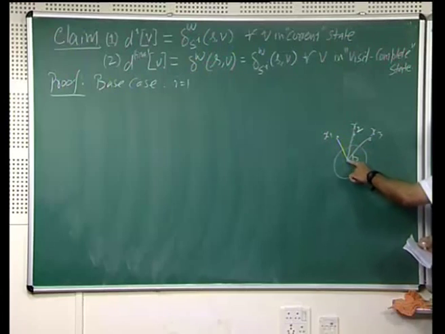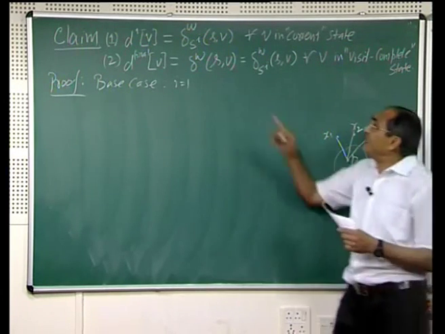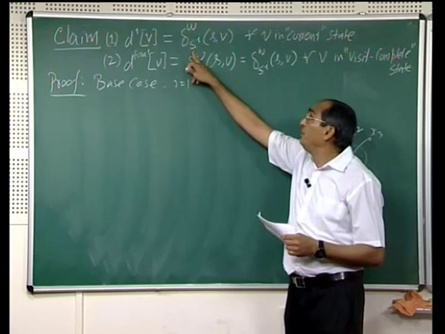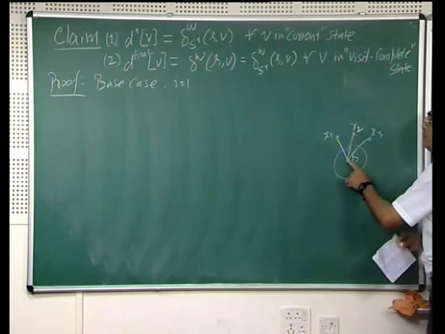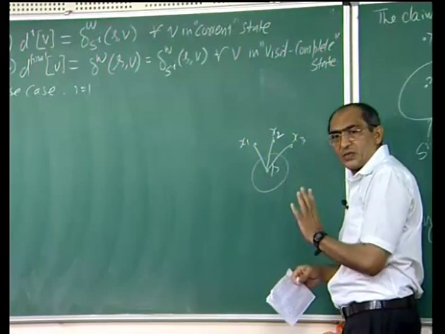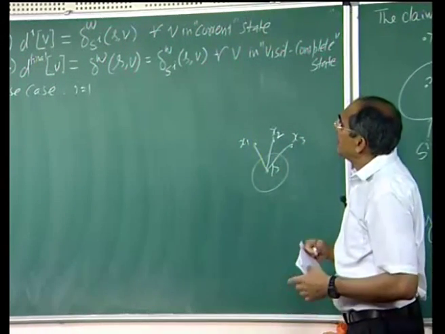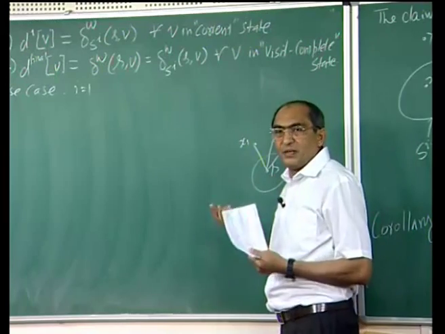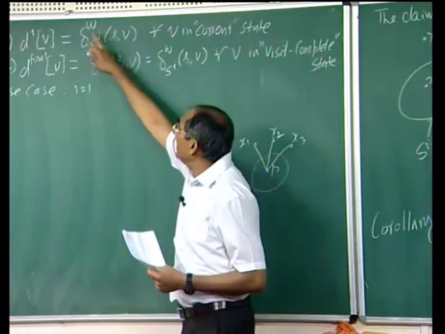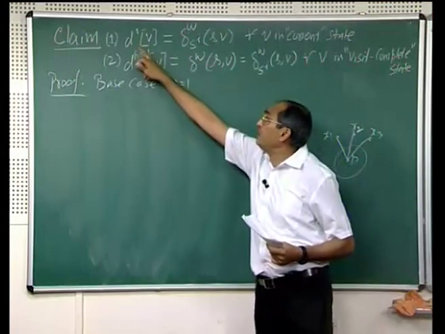So the delta W S1 will be the weight of these edges, because these are the only paths for the corresponding vertices. If there is only one path, this is the delta value, and that is exactly what we have set.